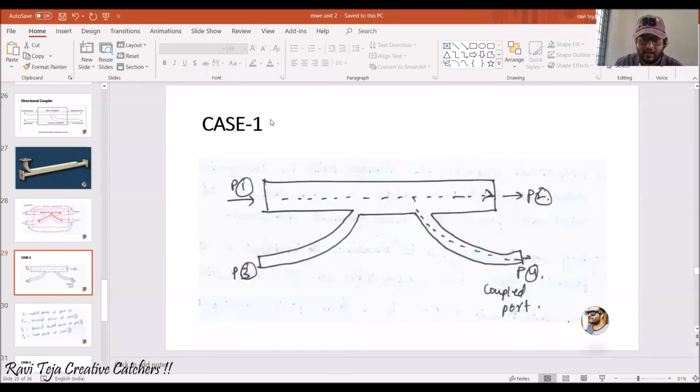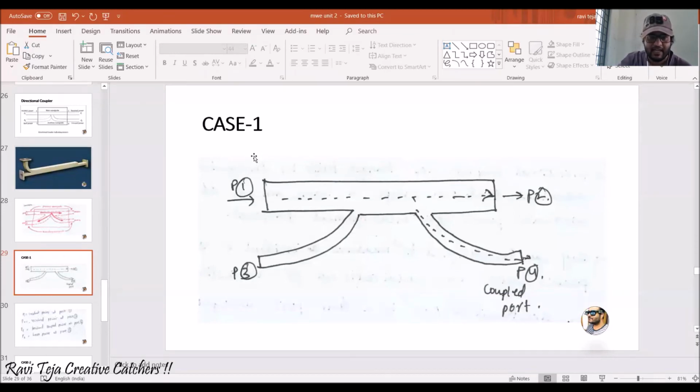Case 1. Let us say the signal is getting transmitted through port 1. So now our port 1 will be the incident power at port 1. As it is straightly received here, our port 2 will be the received power at port 2. And always remember, the port below the received power port is the forwarded power port. You can also call the forwarded power port a coupled port. So remember and write down all these terms.